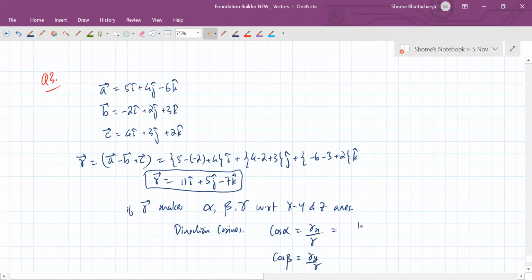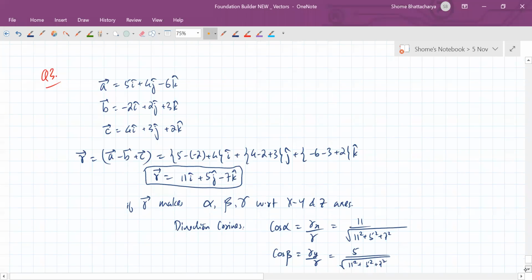So in this case, this is 11 divided by square root of, I guess, this is 5 divided by square root of, okay. And similarly for cos gamma.